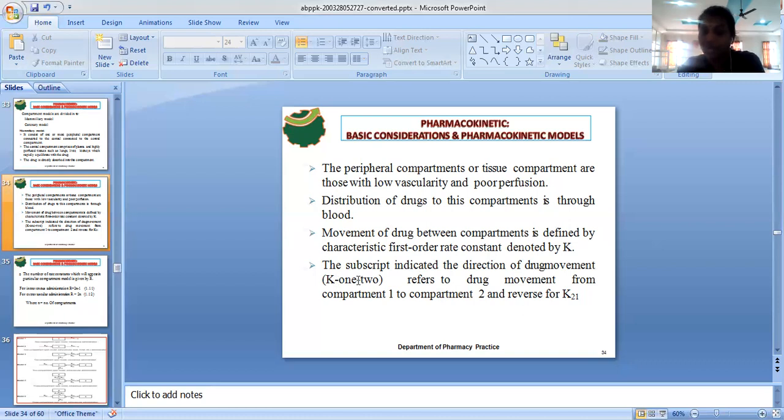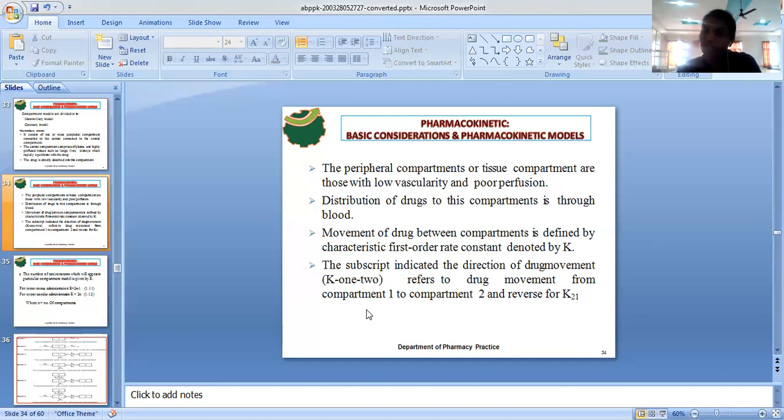If it is K12, the movement of the drug takes place from compartment 1 to compartment 2.